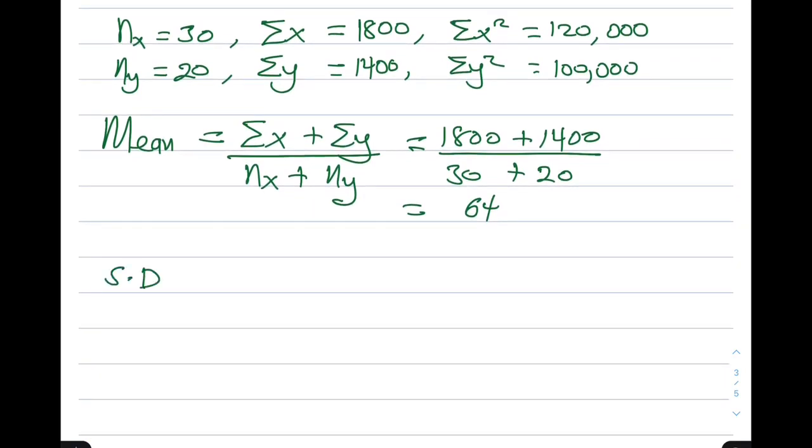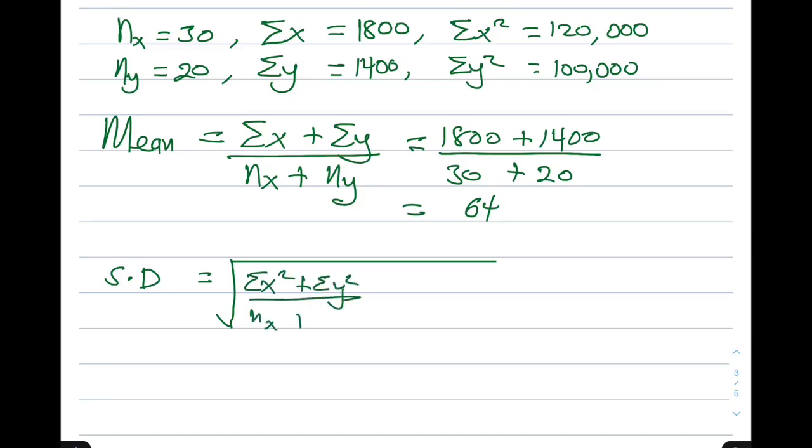So SD is equal to, this is terrible, the square root of sigma x squared plus sigma y squared over nx plus ny minus the combined mean, and then we square it. All right, so this square actually looks terrible.